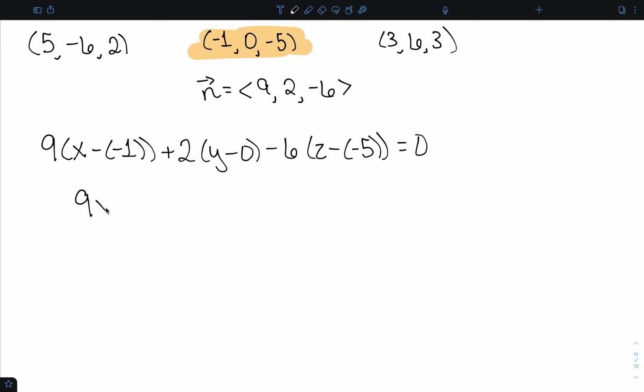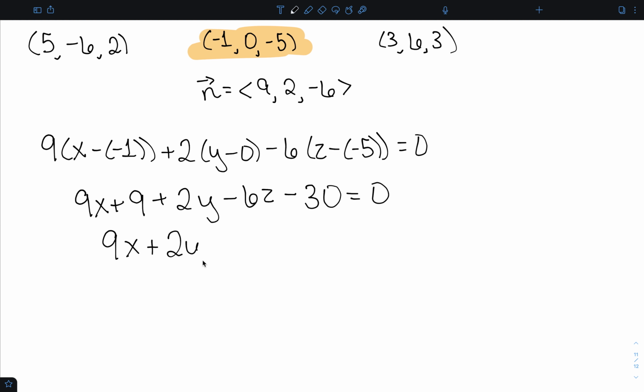This simplifies to 9x plus 9 plus 2y minus 6z minus 30 equal to 0. Or 9x plus 2y minus 6z is equal to 21, which is exactly what I had before. So which point I pick actually does not matter. I'll still get the same equation at the end.